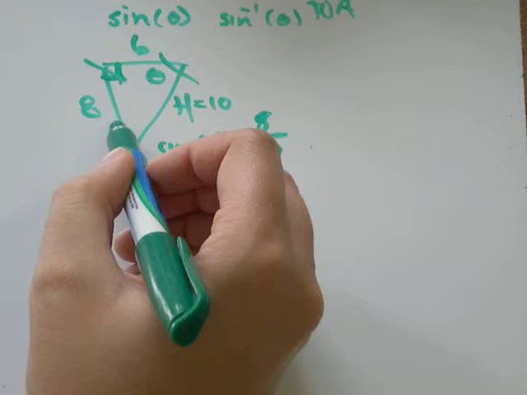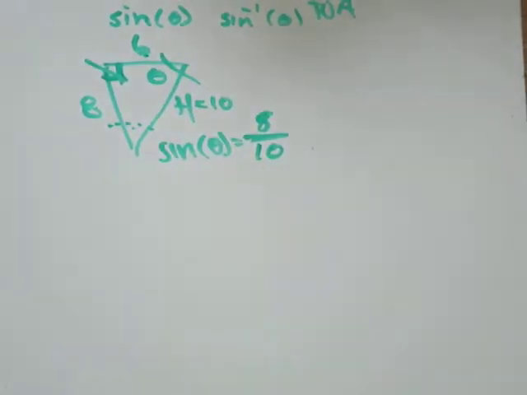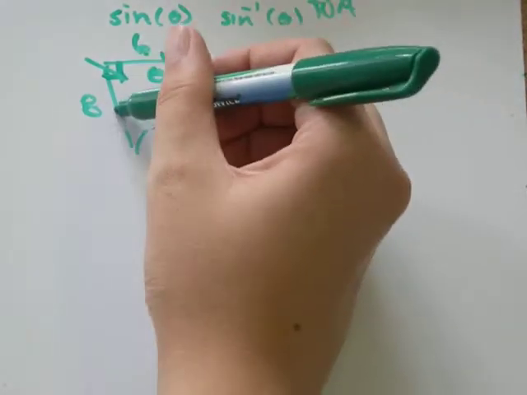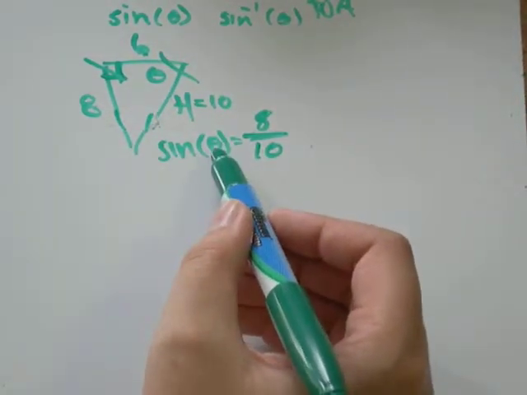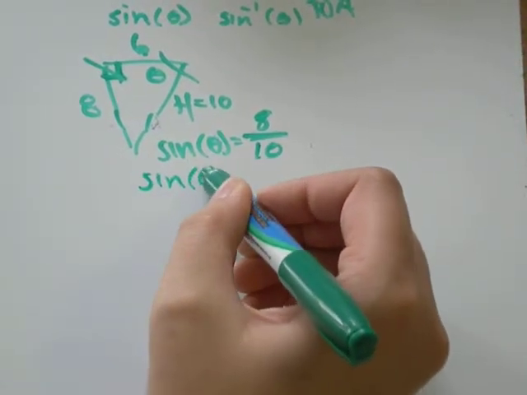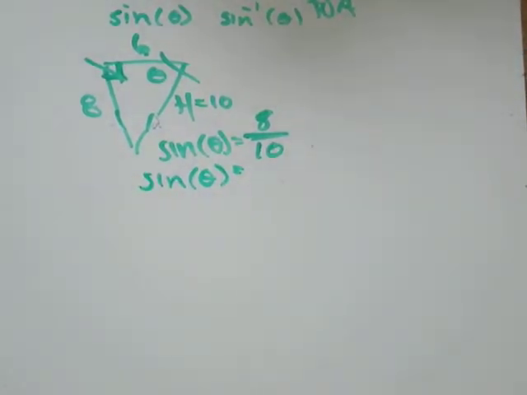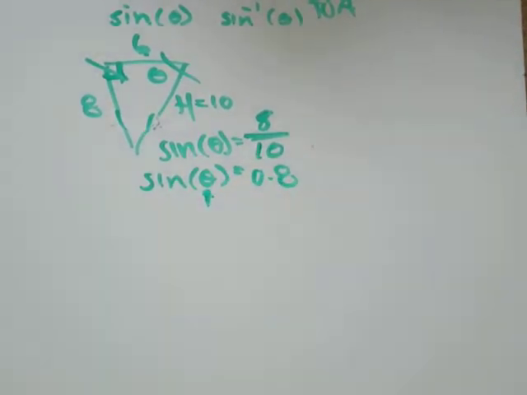Notice that if I was finding this other angle, the opposite side would be 6. The opposite and adjacent sides depend on what angle you're talking about. So for this angle, the opposite side is 8. We know sine of theta equals 8 over 10, which is 0.8. It's theta that I'm trying to solve for.